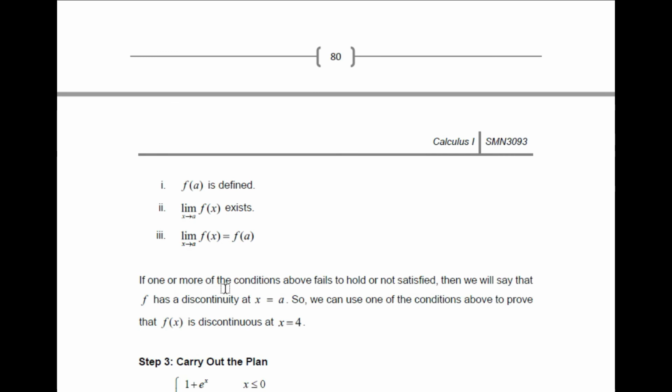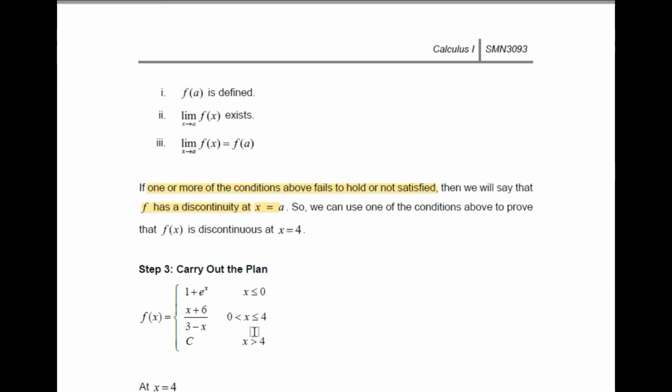If one or more of the conditions above fail to hold or are not satisfied, then we will say that f has a discontinuity at x equals a. So we can use one of the conditions above to prove that f(x) is discontinuous at x equals 4.